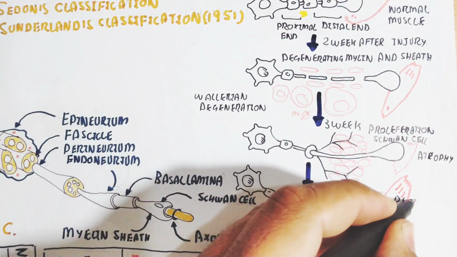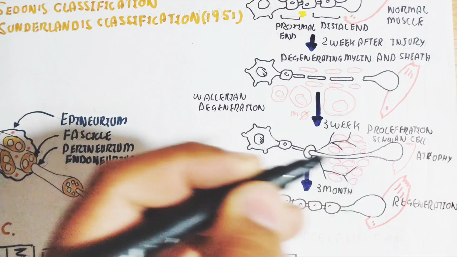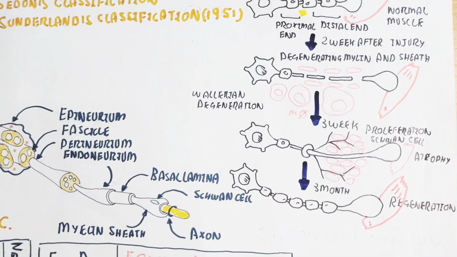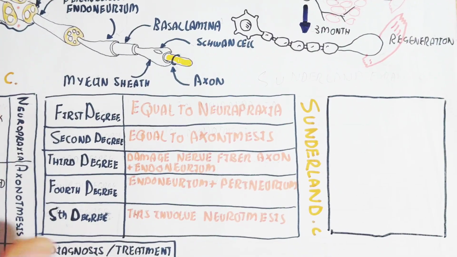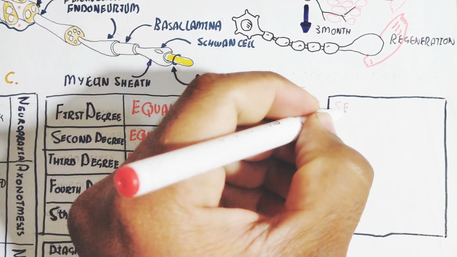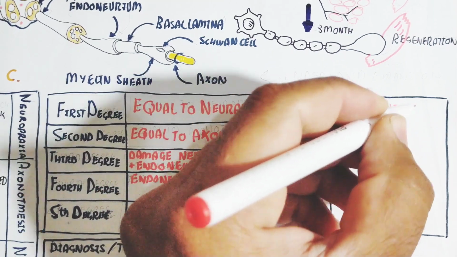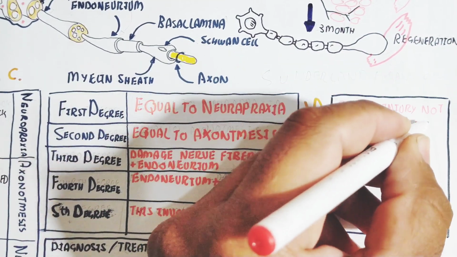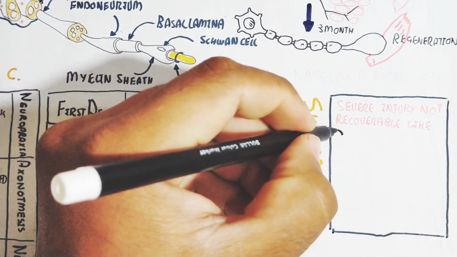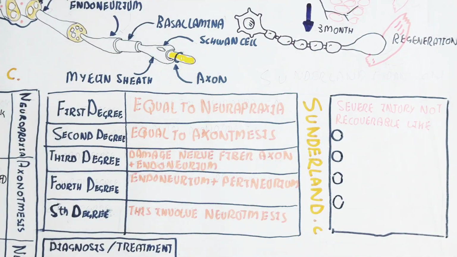Then there is repair and regeneration of the myocytes and the muscle. But the important thing to understand is that severe injuries are not recoverable, like a full break, spinal breakdown, brain trauma, and other peripheral nervous system injuries. If severe, it is irreversible, but it can be reversible.